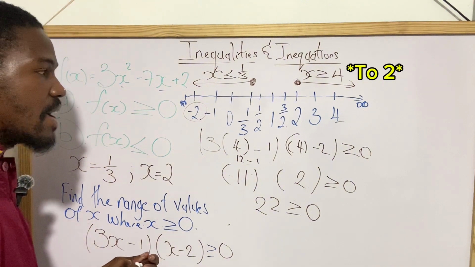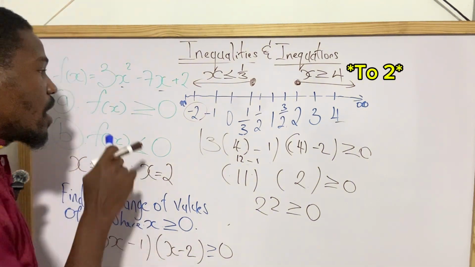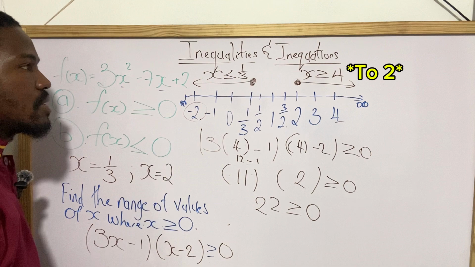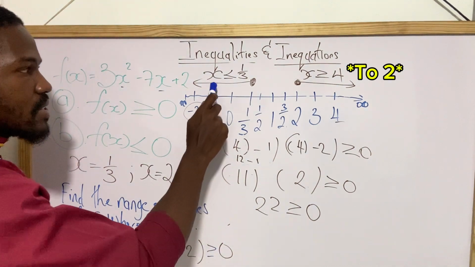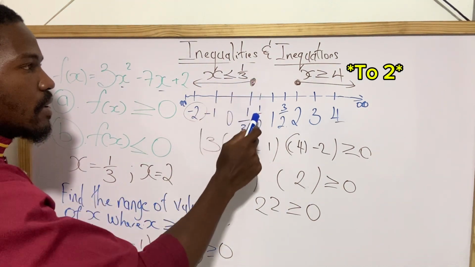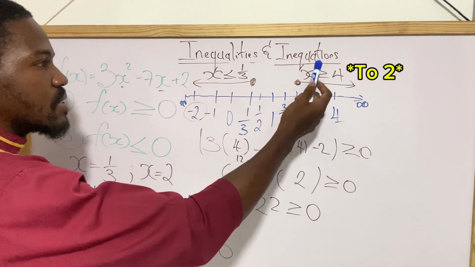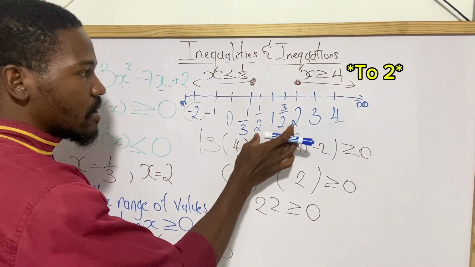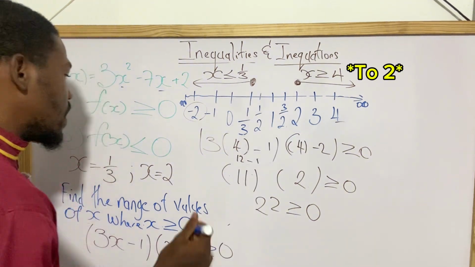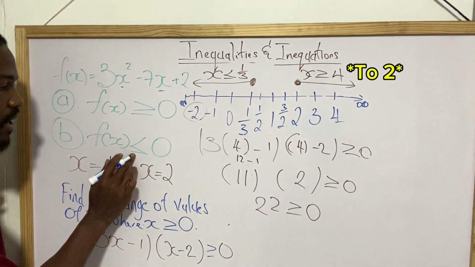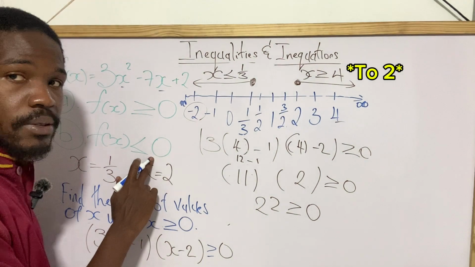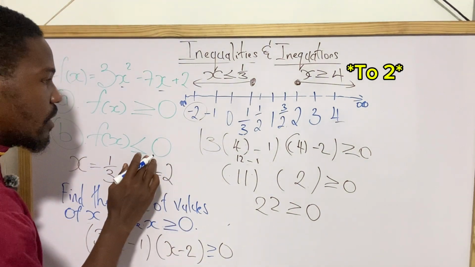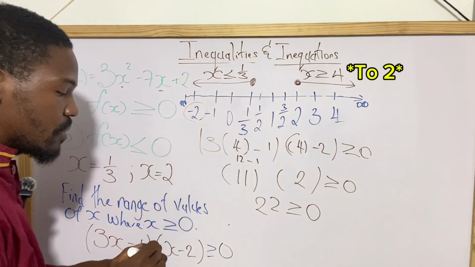We have two inequalities where f of x is greater than or equal to 0. We have one where x is less than or equal to a third, and we have another one where x is greater than or equal to 4. So any number that is between here is going to let f of x be less than or equal to 0.